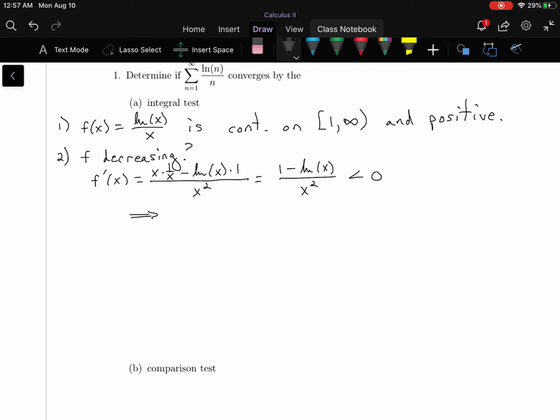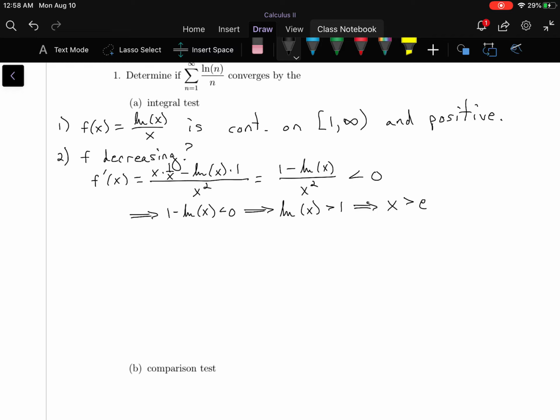So we want to know when is 1 minus the natural log of x less than 0, and that will be when the natural log of x is greater than 1. Taking the exponential of both sides, that is when x is greater than e. Now, e is approximately 2.7 and change.